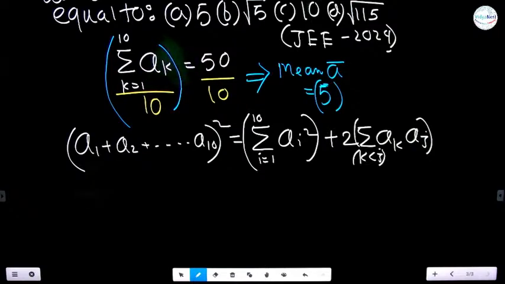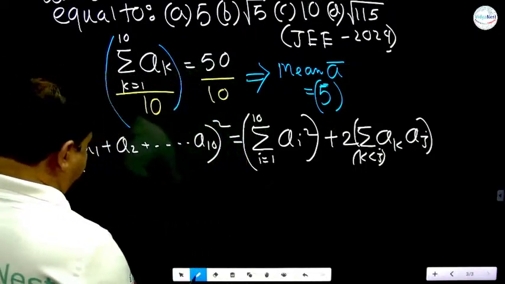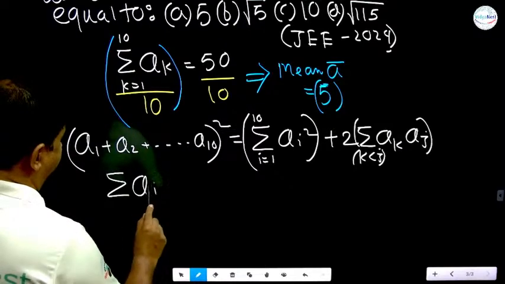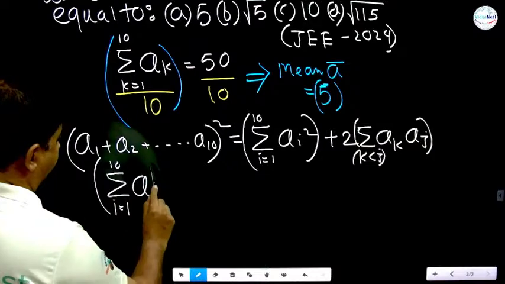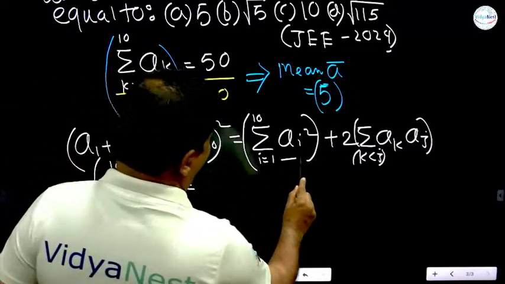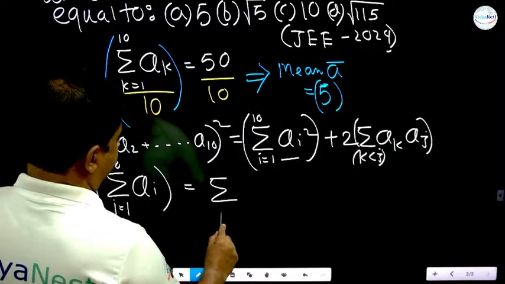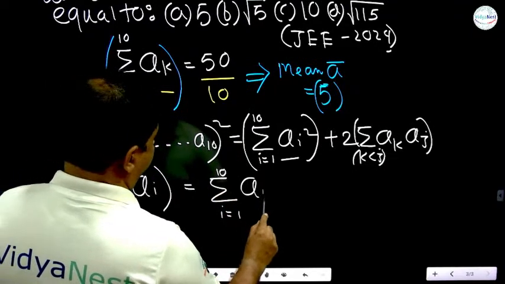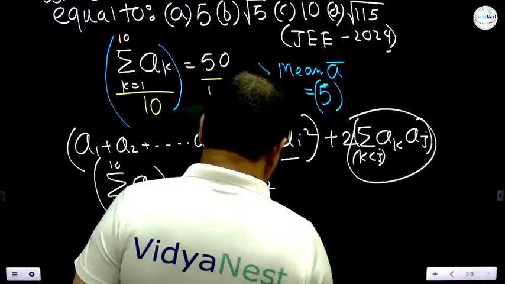Now ये जो A1 A2, इसको हम लिख सकते हैं summation of AI, i1 to 10, इसको हमको फाइंड करना है. And this thing is given.